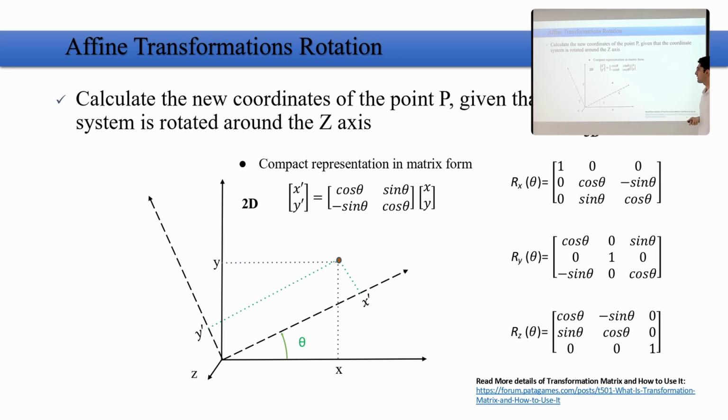What if we have 3D? If we have 3D mapping, then we need to do a little bit more. First of all, we need to understand that rotation is not only on the z-axis anymore. In 2D, you cannot rotate on the x; basically, we rotate on the z in 2D.